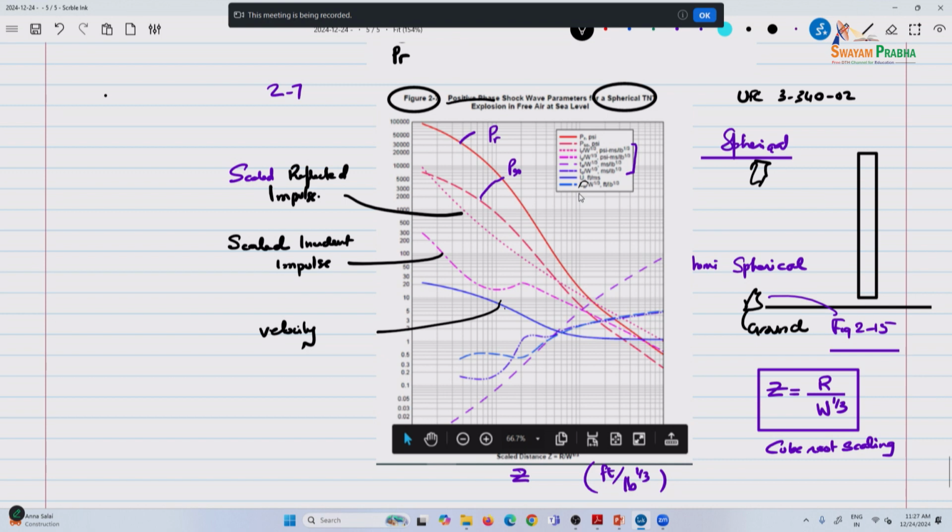The blast wavelength is nothing but the duration over which the blast is effective. It is not quite the wavelength you look at in a sine curve or other periodic functions. So 7 parameters in figure 2.7, and figure 2.15 is the same thing for hemispherical bursts.